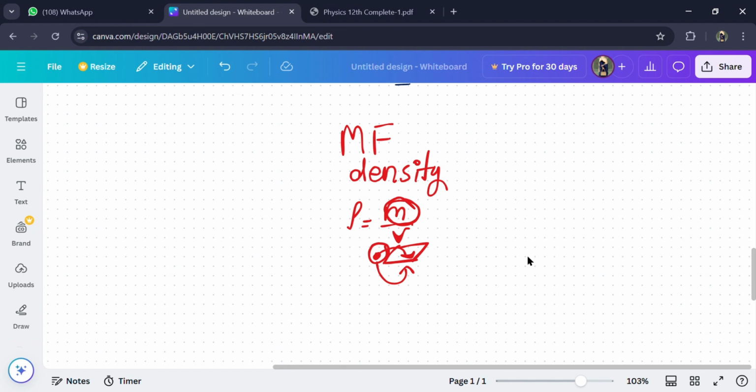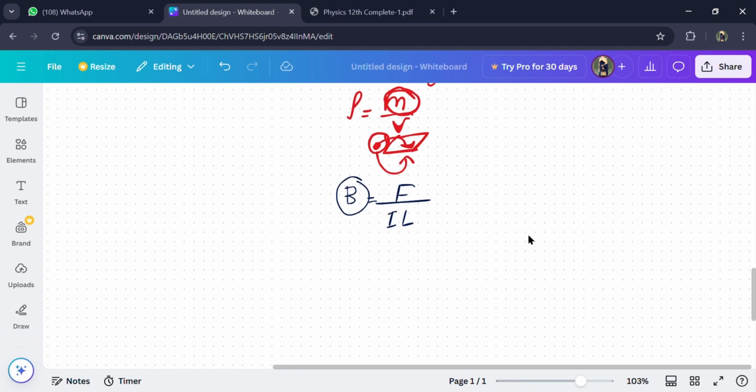Now the same concept of density would be applied here, but with a really minute difference: here our density, B, would be equal to the force applied per unit I into L. This is the formula of the density, and we denote density by B. Here the current passing through is multiplied by the length.